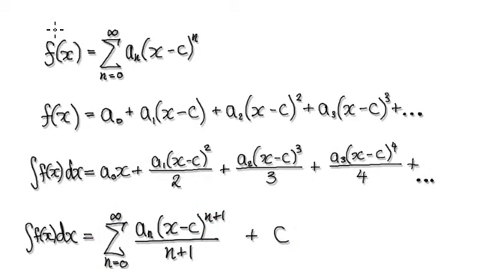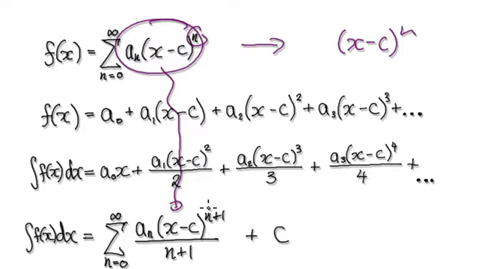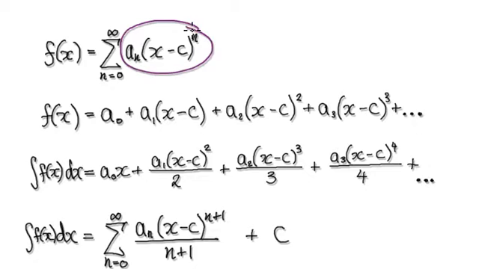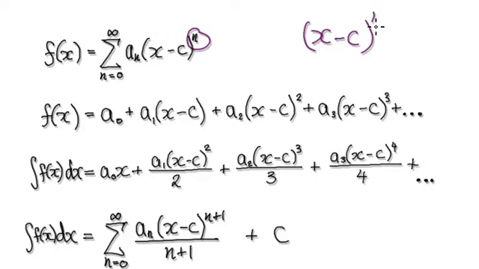Notice that when you integrate this function, you can actually integrate it straight away. If you just look at this bit here, when you integrate it, the power gets increased by 1, so it will be x minus c, and the power one notch higher, then your constants here, and then you make your adjustment of n plus 1.